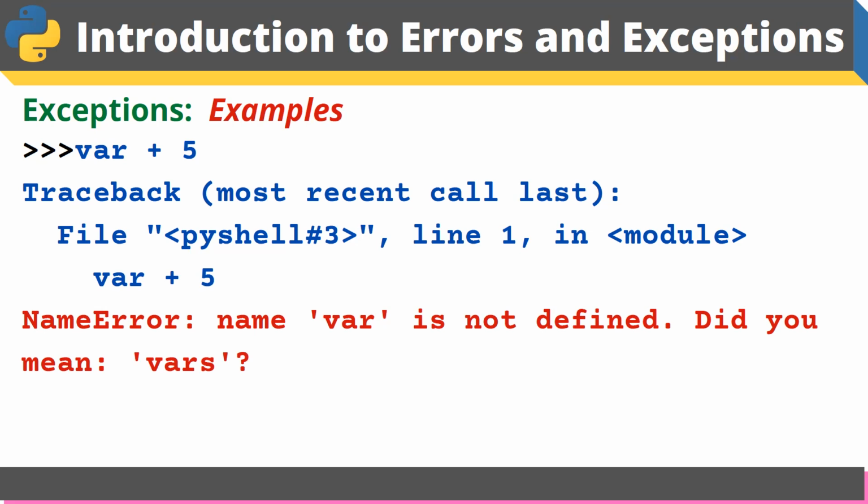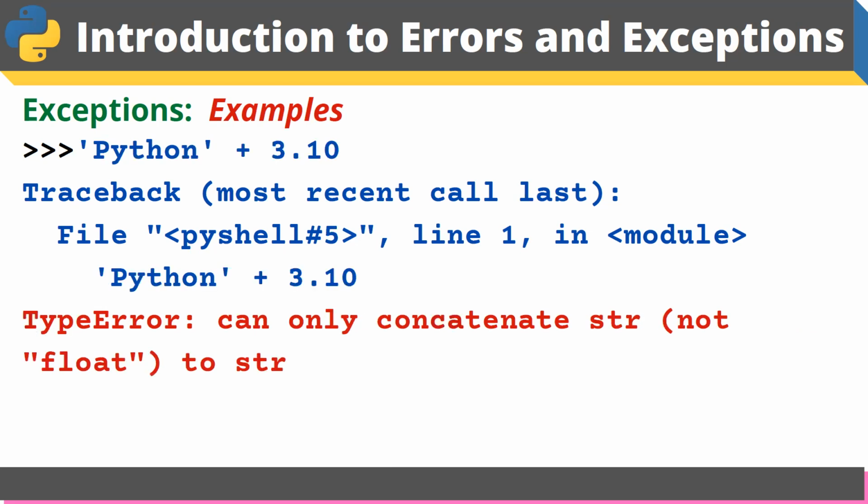Did you mean 'vars'? So this is the system keyword which it asks about. Next, 'Python' + 3.10. Here Python is in single quotes, which means it is a string, and 3.10 is a float value. So it will display TypeError: can only concatenate str, not float, to str.